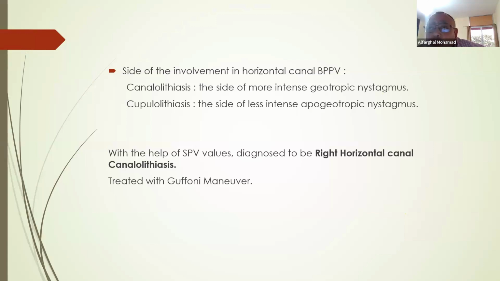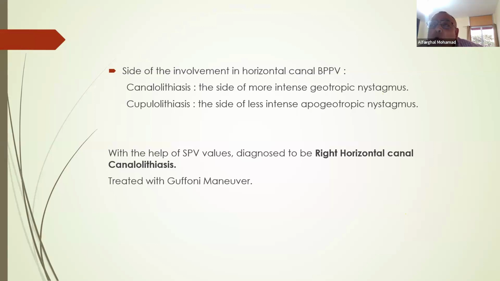Second, in the geotropic variant, the strong side will be the symptomatic side. This is simply because, in the literature, there is always Ewald's three laws, but there seems to be another law which is not always highlighted: the semicircular canals respond more to excitatory stimuli than inhibitory stimuli.